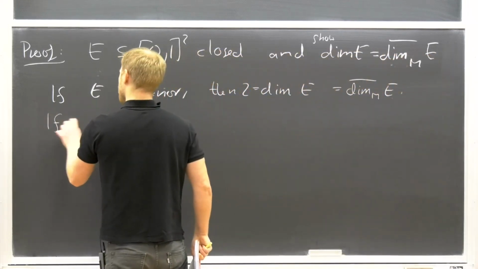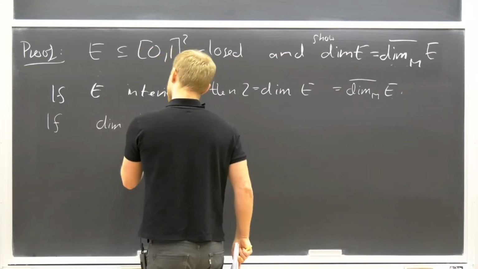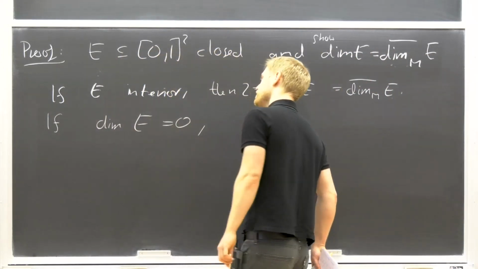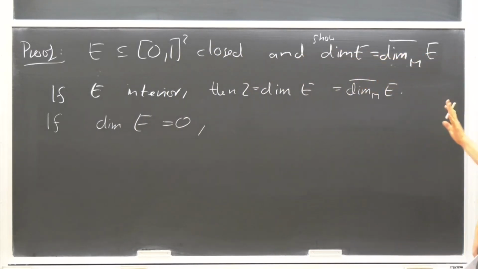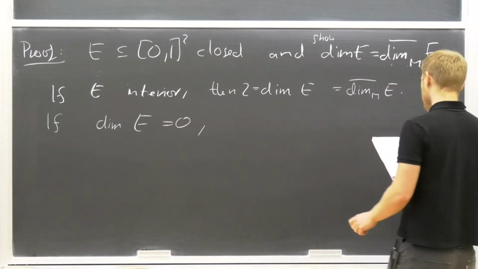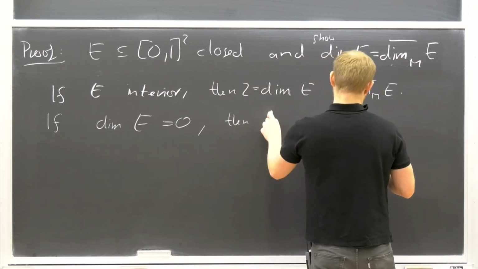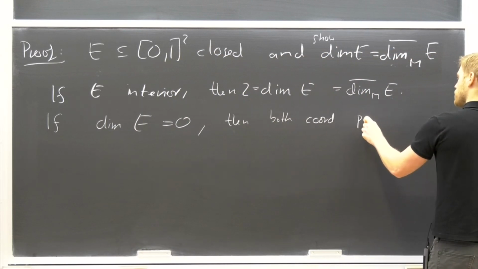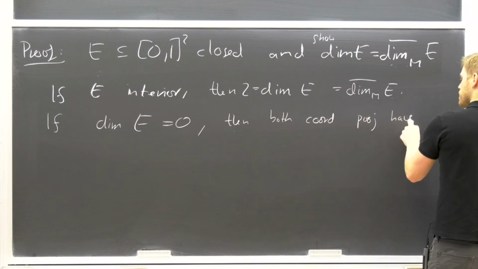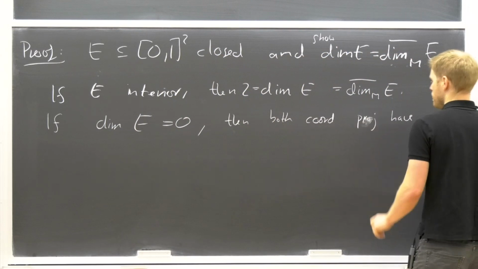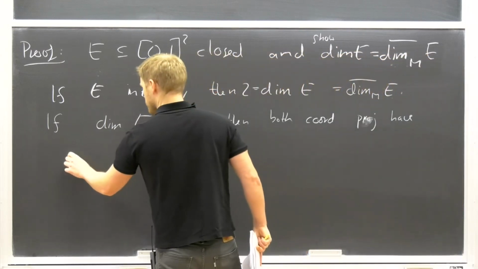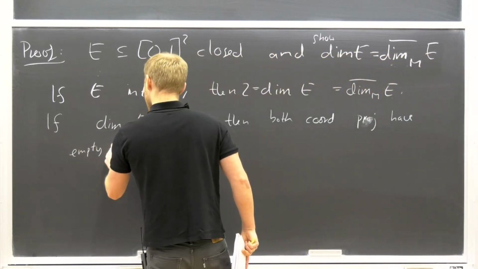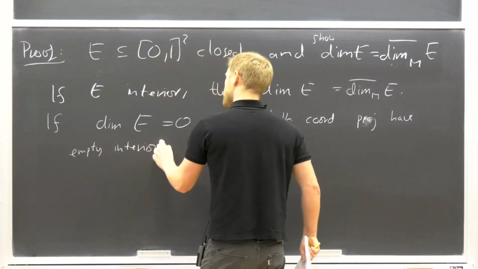If the dimension of E is 0, so that means that in both directions it doesn't have interior, and in both directions it doesn't pick up interior. So then we know that both coordinate projections have empty interior.